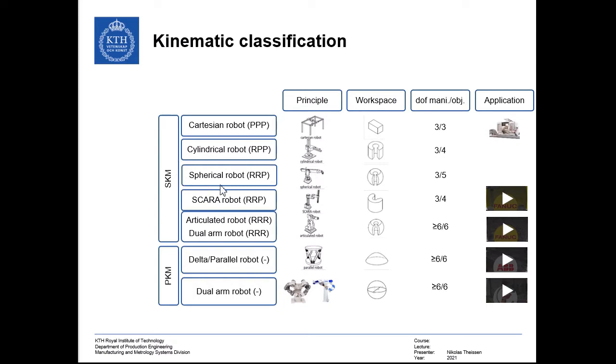Then there are spherical robots, which employ rotational, rotational, prismatic joints. This means that it can rotate about the z-axis, it can rotate about its x-axis, and then it can move this arm in and out, which results in a spherical workspace.